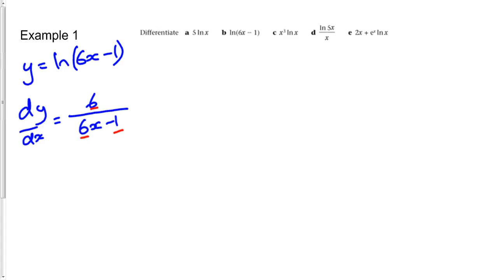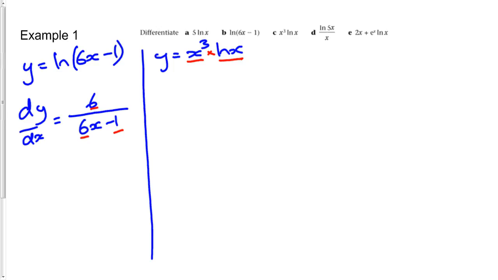Now, the next question. We've got y equals x cubed log x. Now again, we've got two functions here. We've got x cubed and we've got natural log of x. So what we do is we set this as u and this is v. So we've got u equals x cubed and v equals log x.